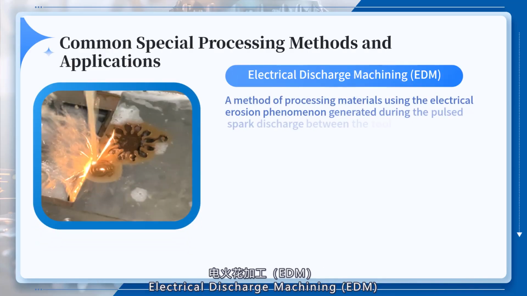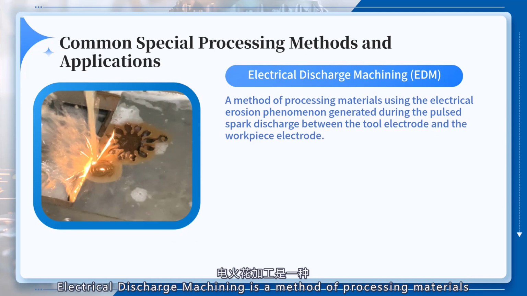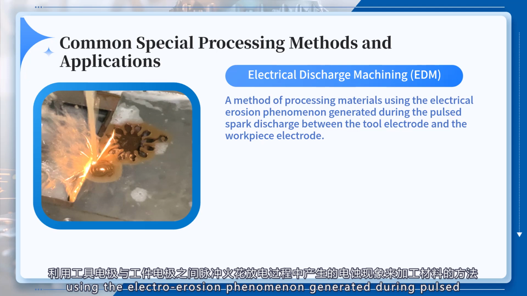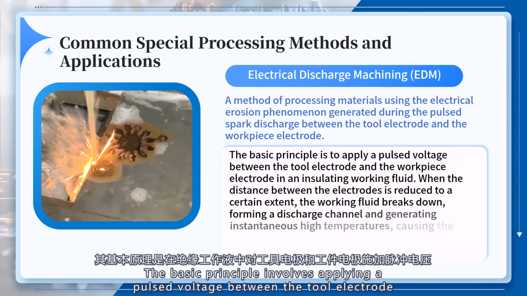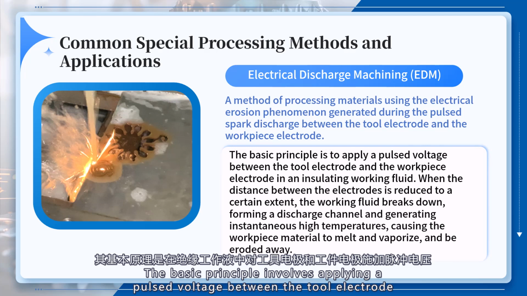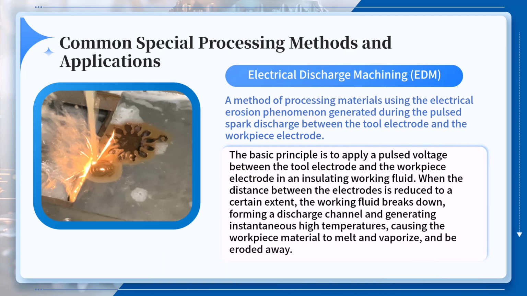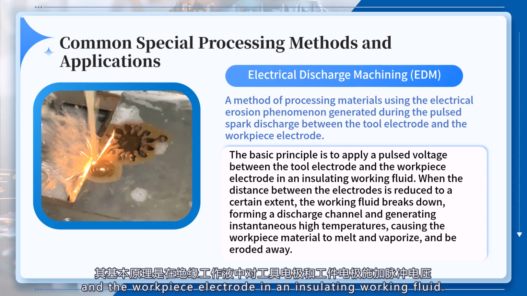Electrical discharge machining. Electrical discharge machining is a method of processing materials using the electroerosion phenomenon generated during pulsed spark discharge between the tool electrode and the workpiece electrode. The basic principle involves applying a pulsed voltage between the tool electrode and the workpiece electrode in an insulating working fluid.